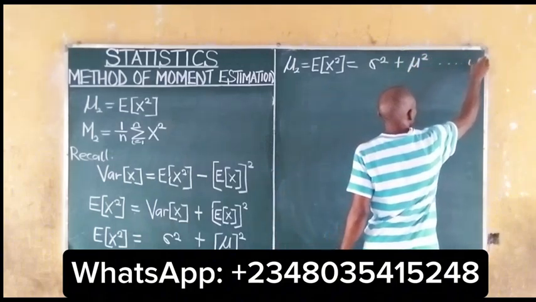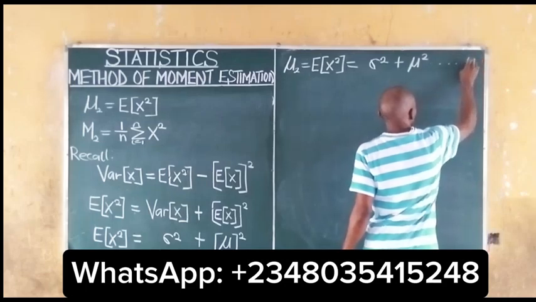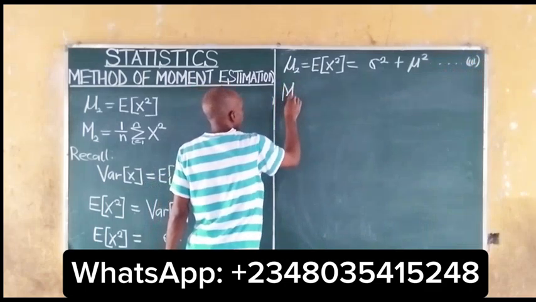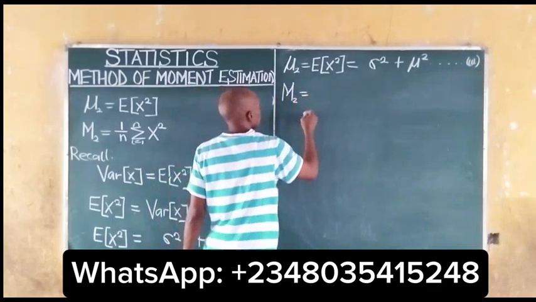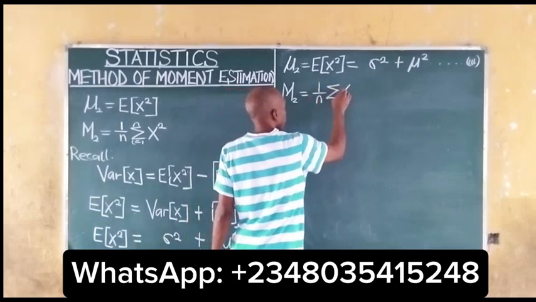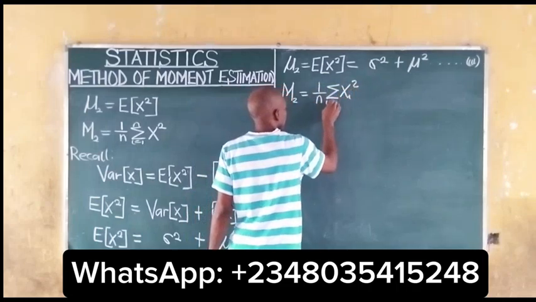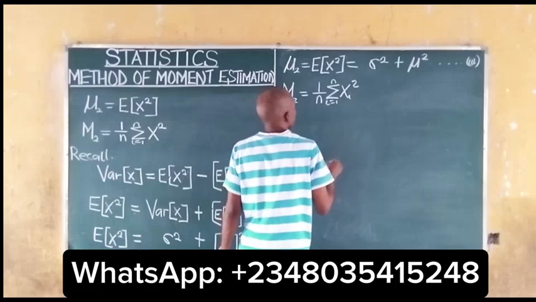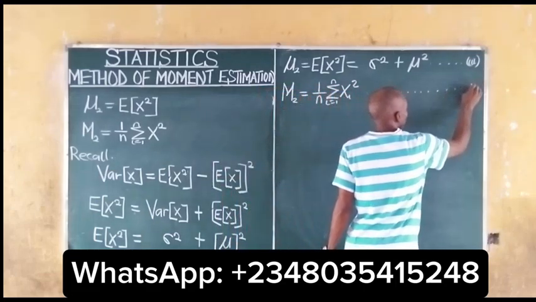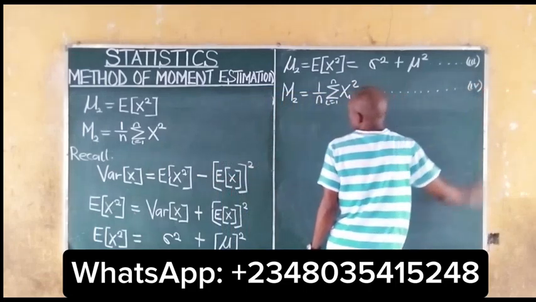We have equation 2 already, and we have our sample mean for the second moment to be 1 all over n summation of xi squared, as i running from 1 to n. So this will now become our equation 4.